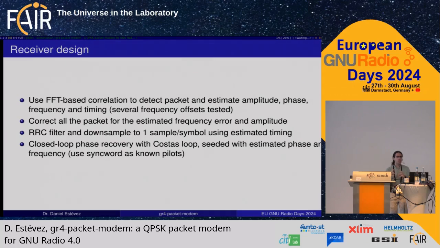The Costas loop is seeded with the phase estimate from the syncword, so it locks really fast and really well. And then it keeps tracking phase through the whole packet. So it must know what the constellation is for the payload and for the header and everything. And the syncword is used as pilot symbols because that's a known pattern.